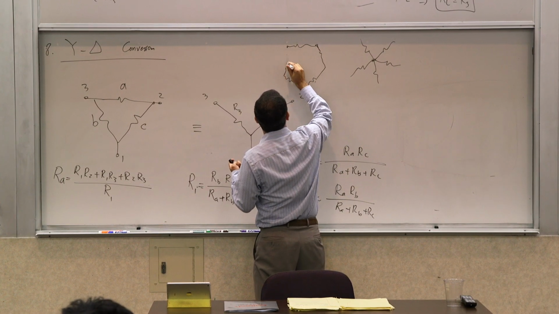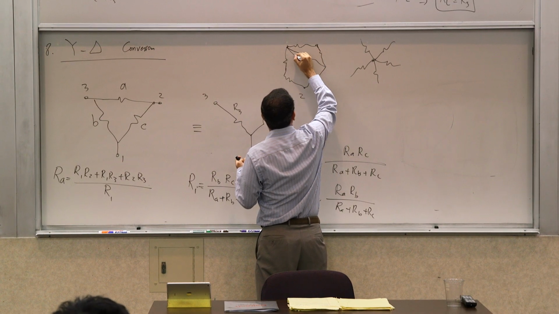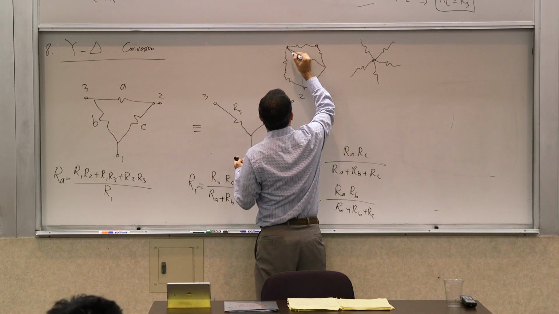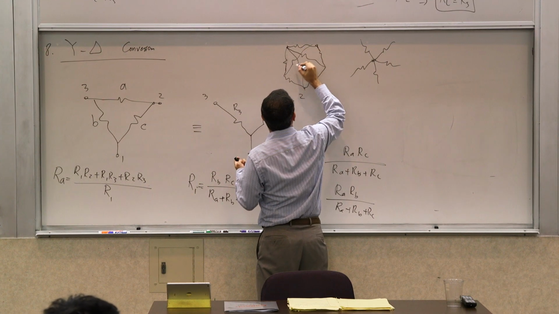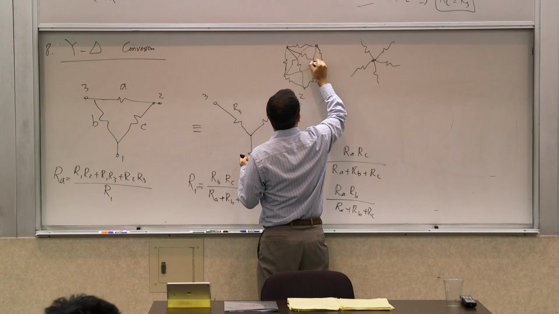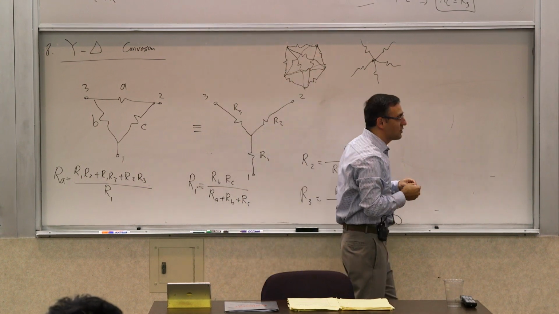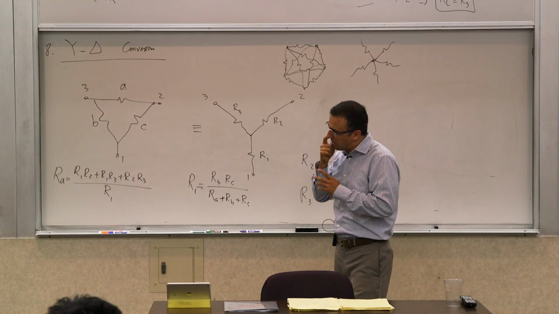In this case, it's a 5-way. So it's like that, like that, that, and that. So all of them are connected to each other. So these are mesh and star conversions.